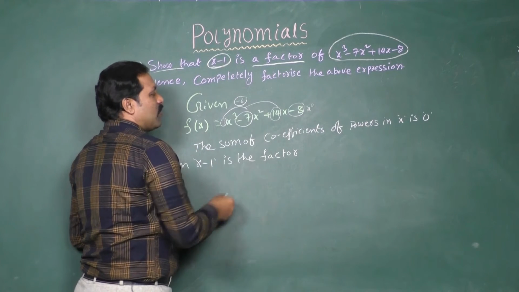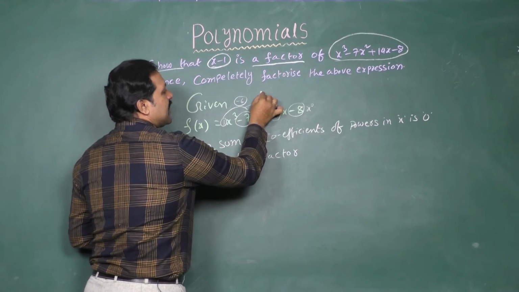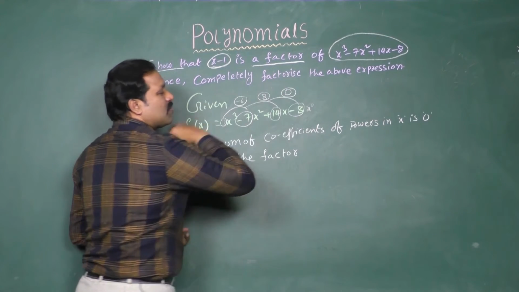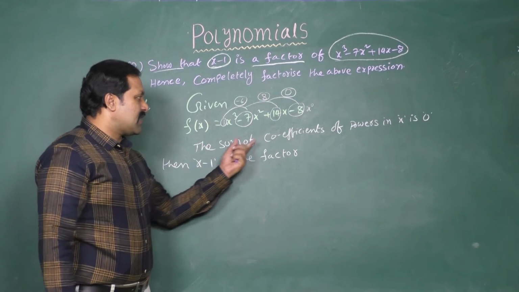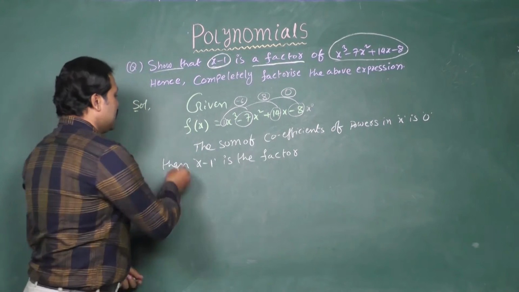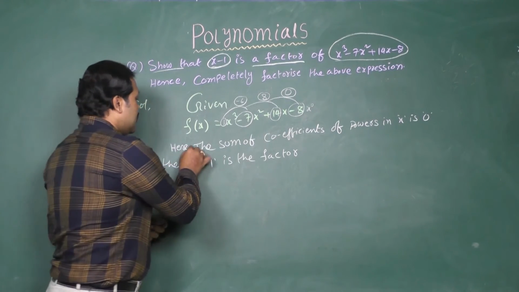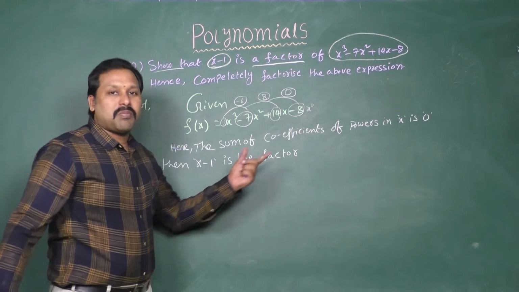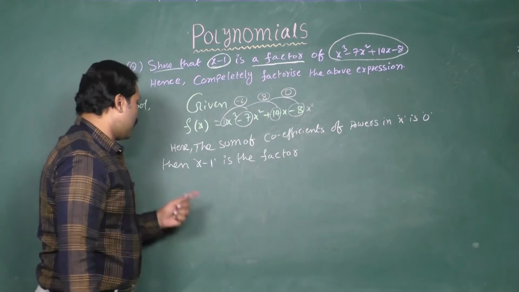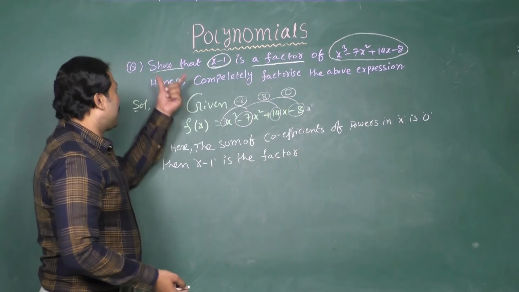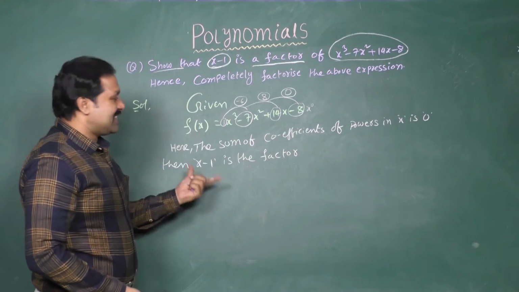Minus 6 plus 14 is plus 8. So plus 8 minus 8 is 0. So you can write here, the sum of coefficients of powers in x is 0, then x minus 1 is a factor. So our first question is done.